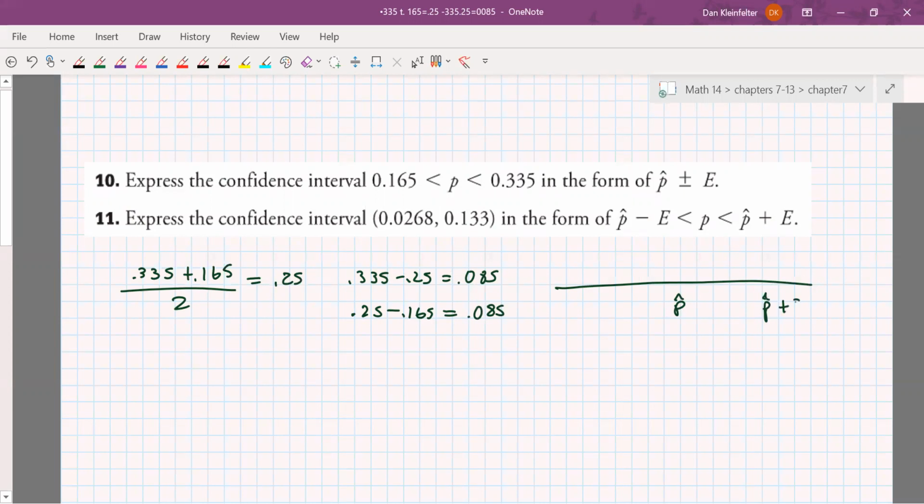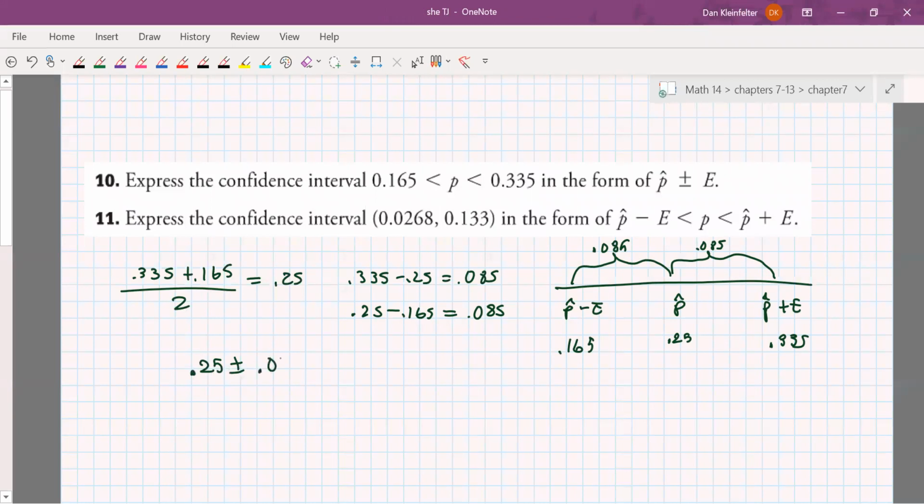We should have P hat plus E at the right, P hat minus E at the left. Our P hat this time is 0.25. The interval goes up to 0.335 and down to 0.165, and the difference is 0.085 on both. So to answer number 10, it's going to be 0.25 plus or minus 0.085.